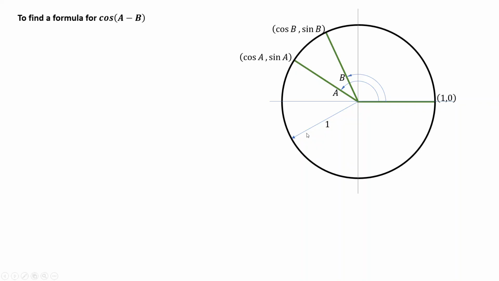Now, would you agree that if all the way up to here is angle A, and up to here is angle B, then the difference between these two, or this angle, must be A minus B, right? Here, without loss of generality, we are taking A to be bigger than B. Why am I saying A is bigger than B? Otherwise, I would have to use absolute value.